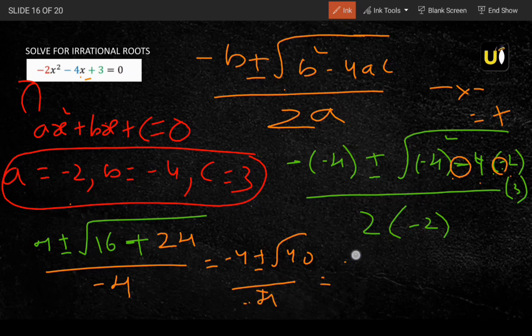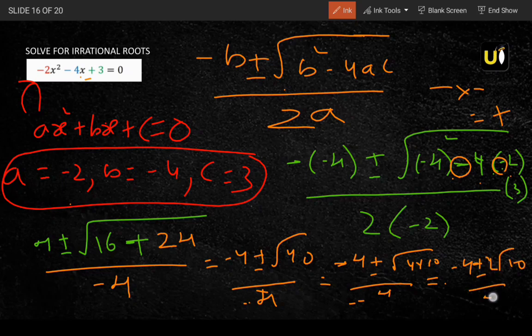So now this can be written as 4 into 10, by minus 4, right? So now root over 4 is 2. That means minus 4 plus or minus 2 into root 10 by minus 4.